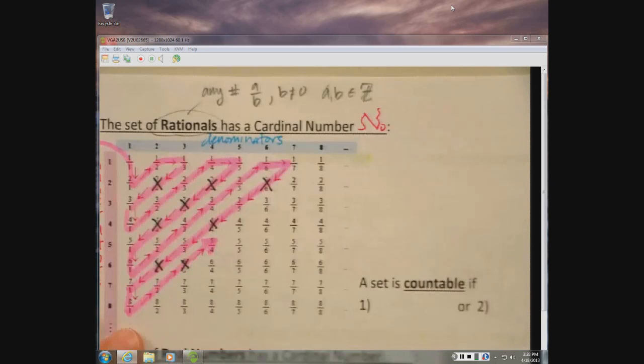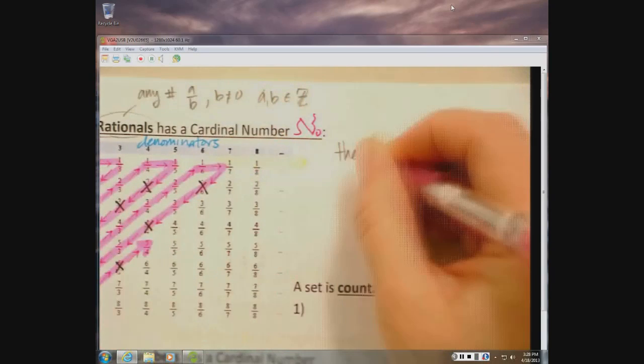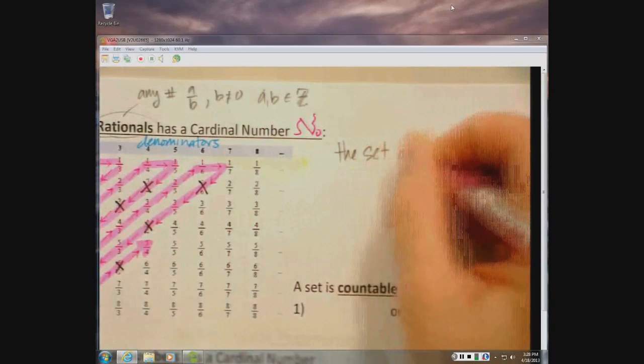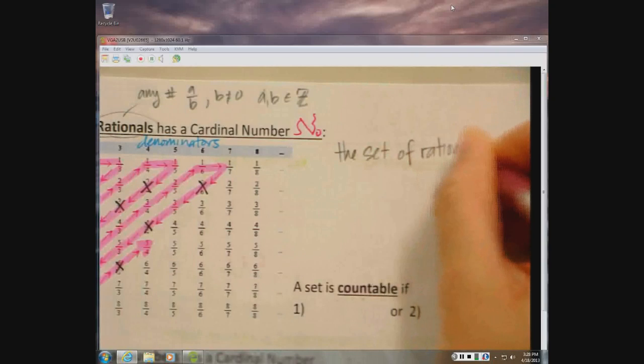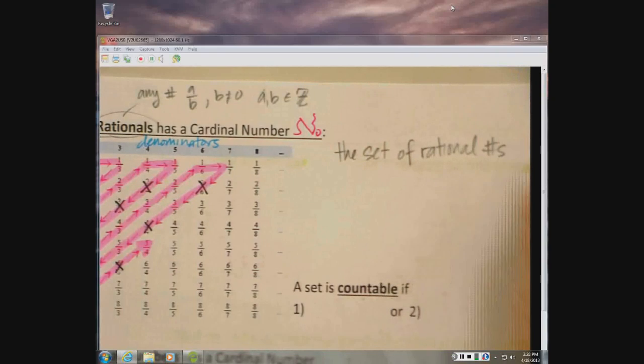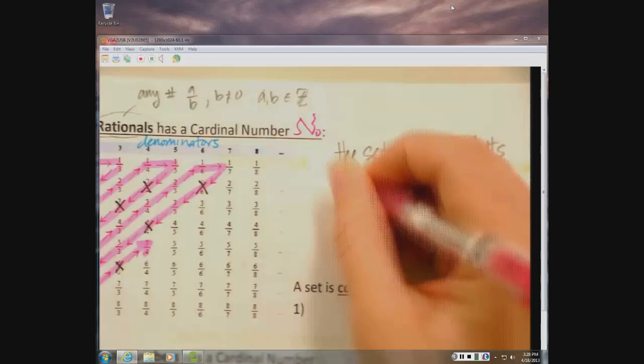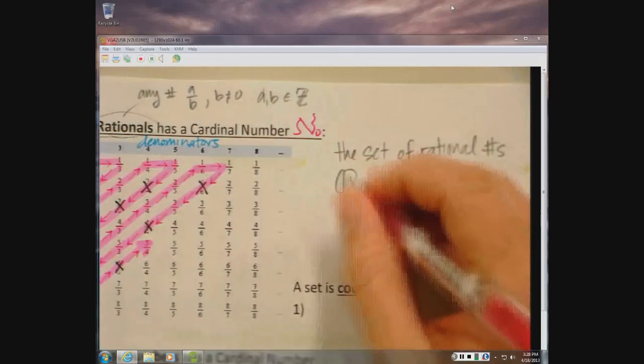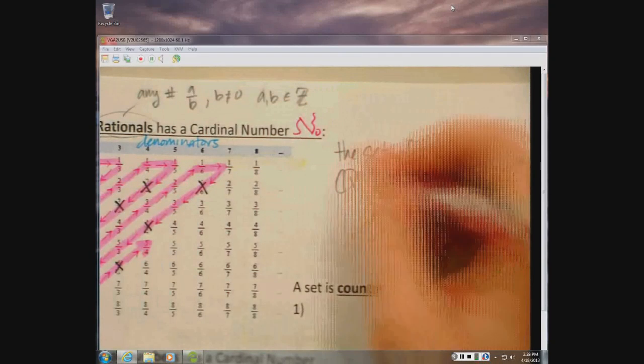Okay, so to wrap this up, we can say that the set of rational numbers we abbreviate with a capital Q with this double bar here. The set of rationals is countable.